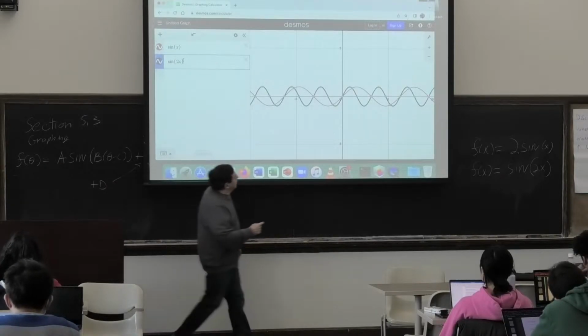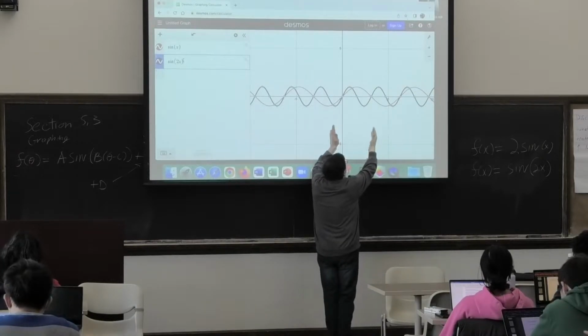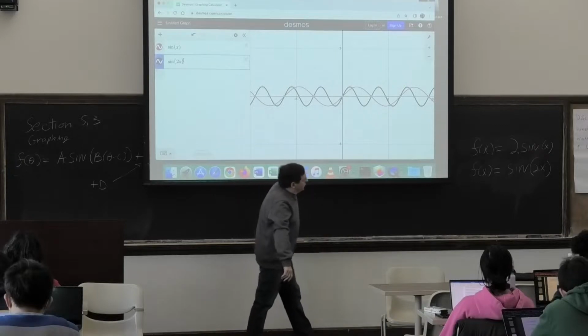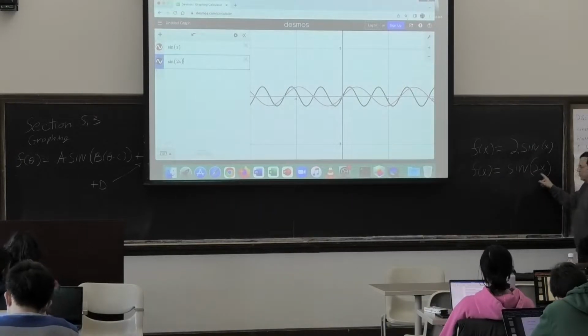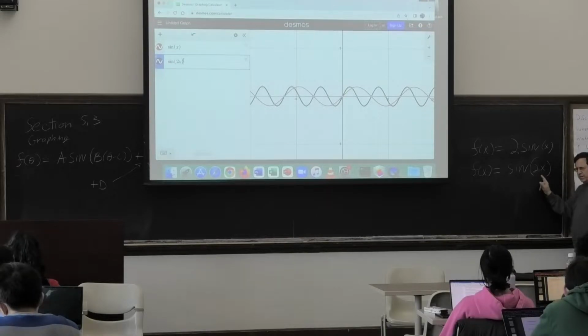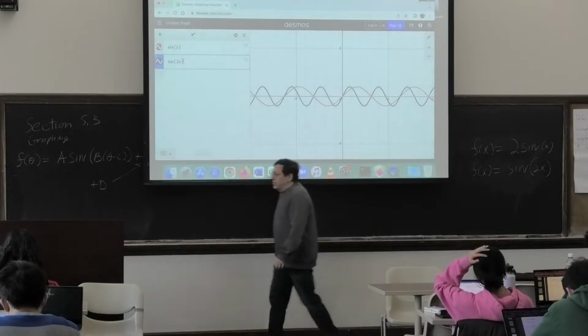See now my wave is going faster. If you think about specific values that you plug in, sine x versus sine 2x, you can make this make sense. Or you can just remember that that's what it does. Increasing the constant is going to decrease the period.